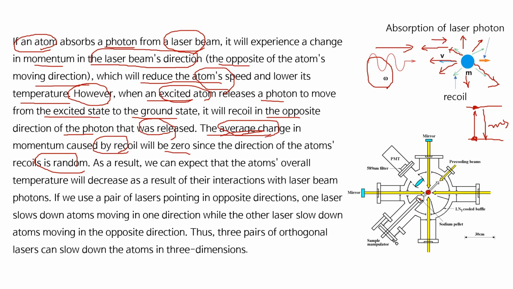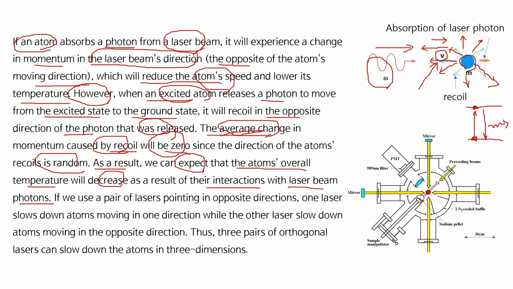So the net change in momentum caused by recoil will be zero, and we don't have to consider that recoil effect. As a result, we can expect that the atom's overall temperature will decrease as a result of its interaction with the laser beam photons. That means the atom's speed will be reduced, which corresponds to the temperature decrease.